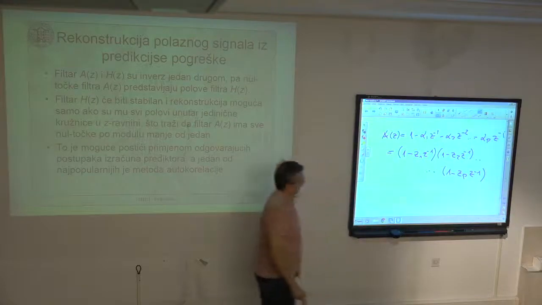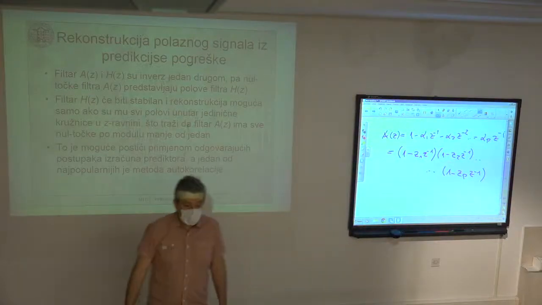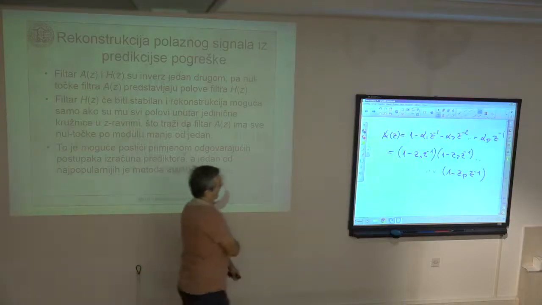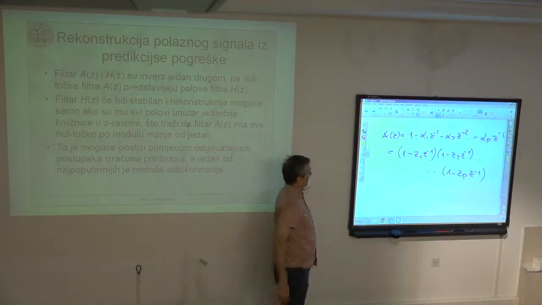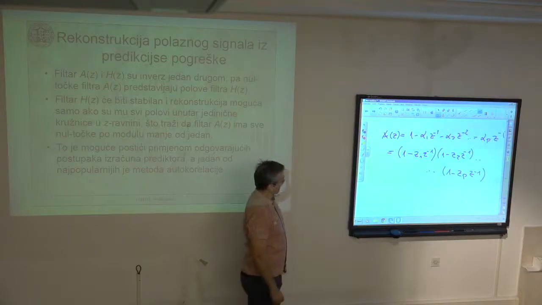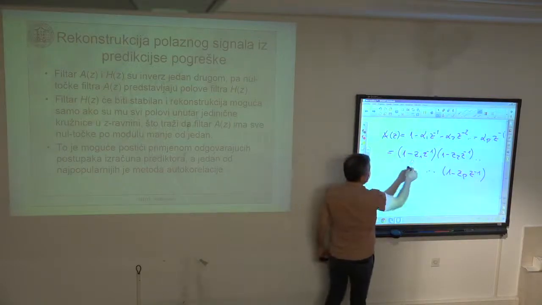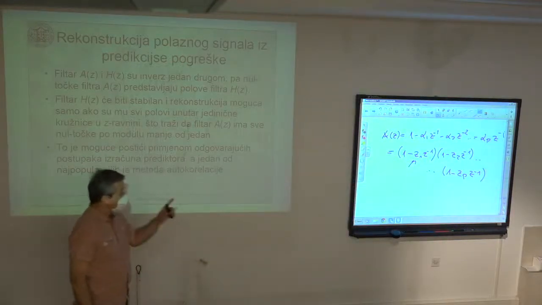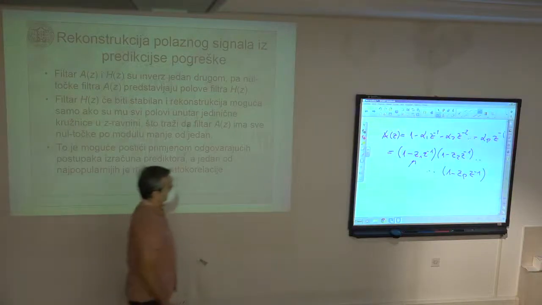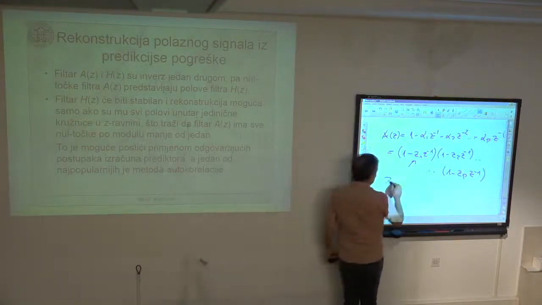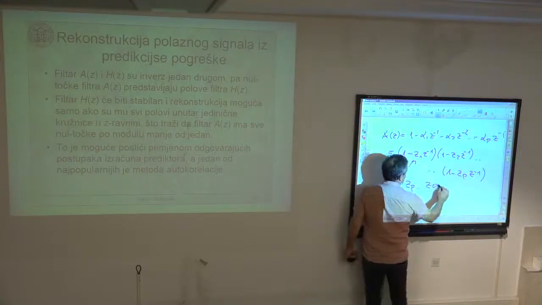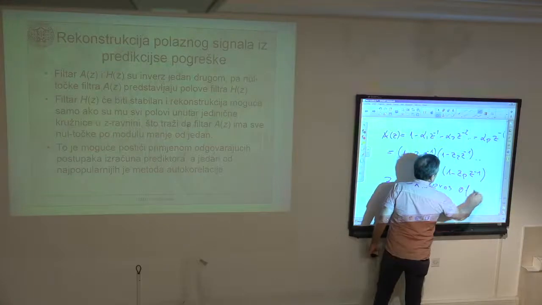In the case that these roots are unique, of the first order, then I have this root factor expression. The first term would be 0 once z is equal to z1. The second factor would be 0 if z is equal to z2. So these z1 to zp are called zeros of A of z.